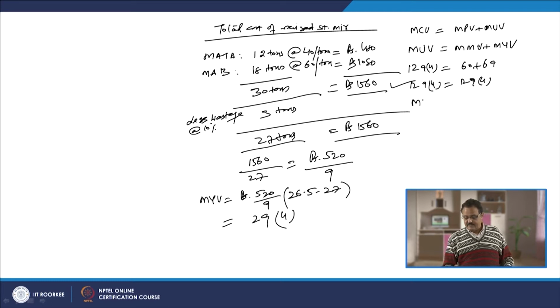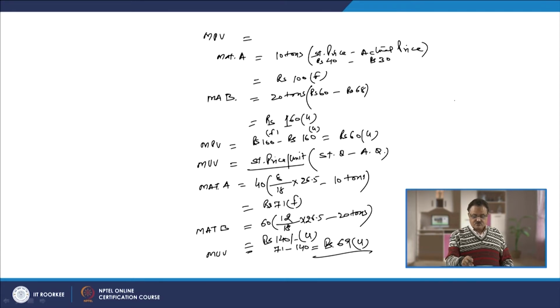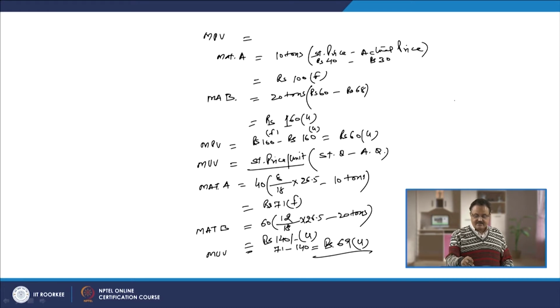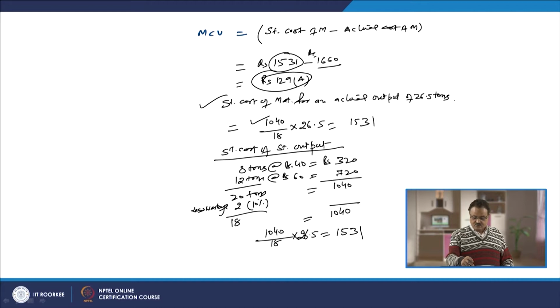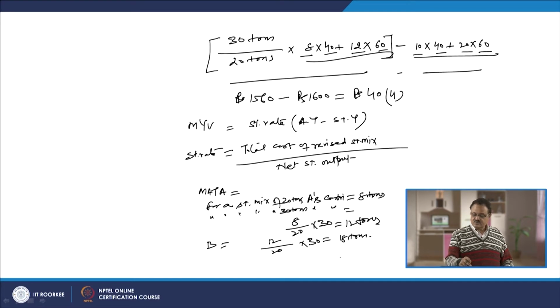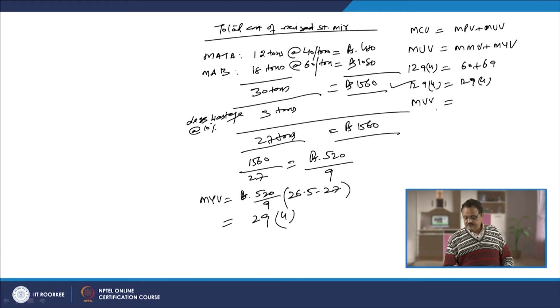Similarly, you talk about the material usage variance. What is the material usage variance? Let us go back. We have calculated the material usage variance, it is 69 adverse, and what is this equal to? Yield and mix.